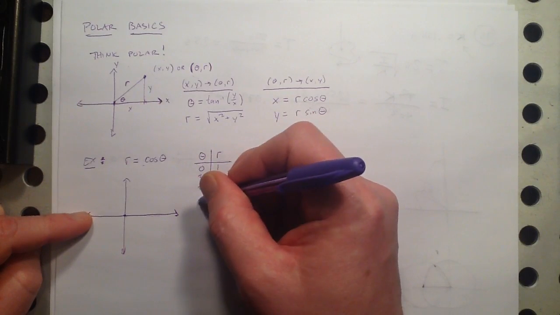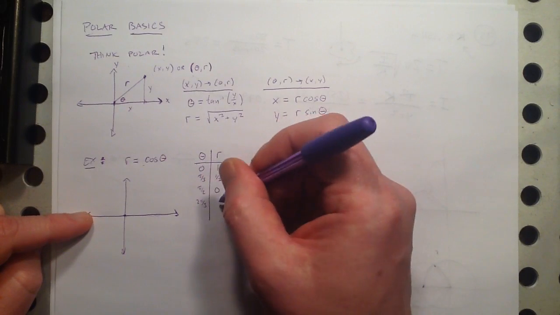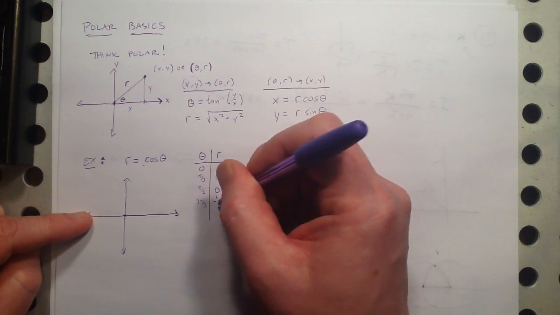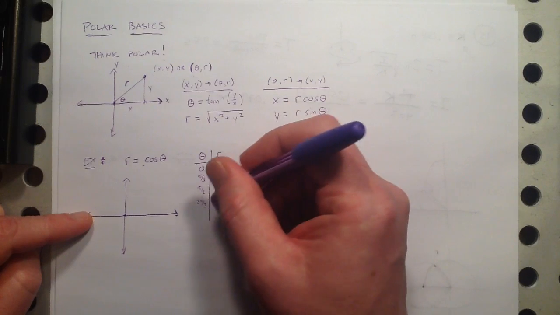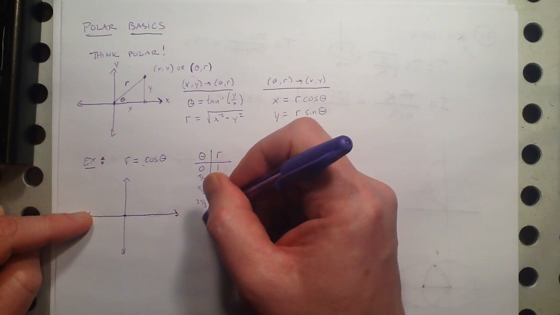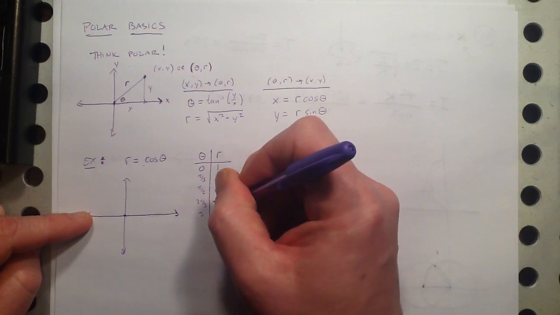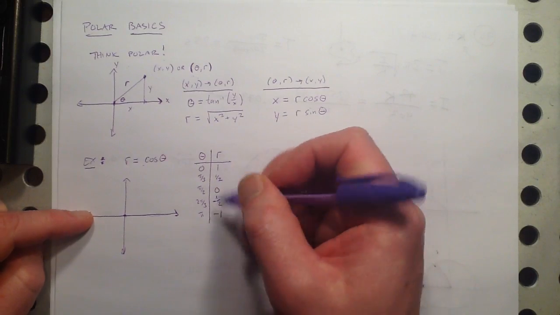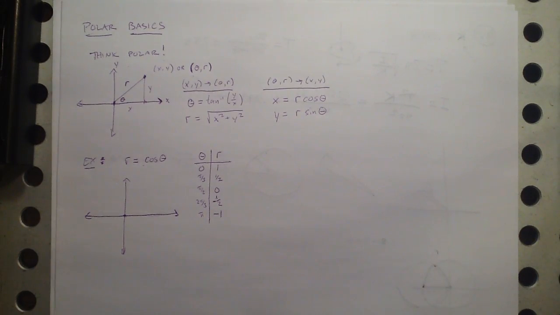And if I go up to 2 pi over 3, then the r is negative 1/2. I'll have to talk about what that means in a second. And then if I go all the way up to pi, then it's negative 1. And let's just do that so far and see what that looks like.